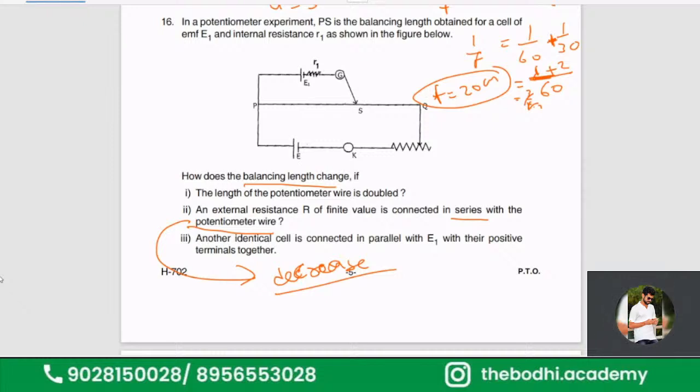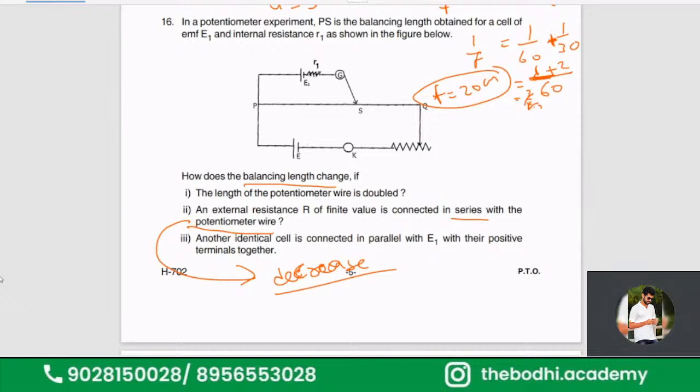Okay, third one. Another identical cell is connected in parallel with E1 with their positive terminals together. All right. So what will happen to the balancing length? In this case, the balancing length will not change at all.